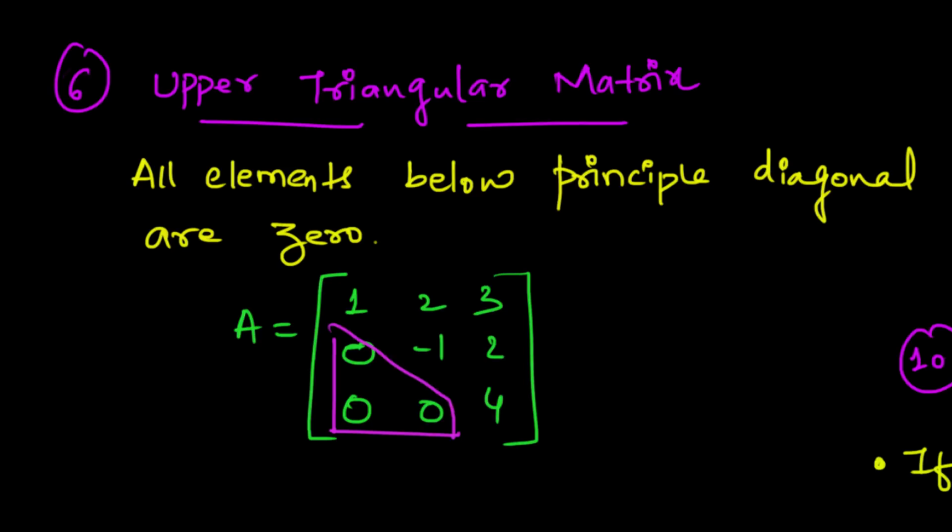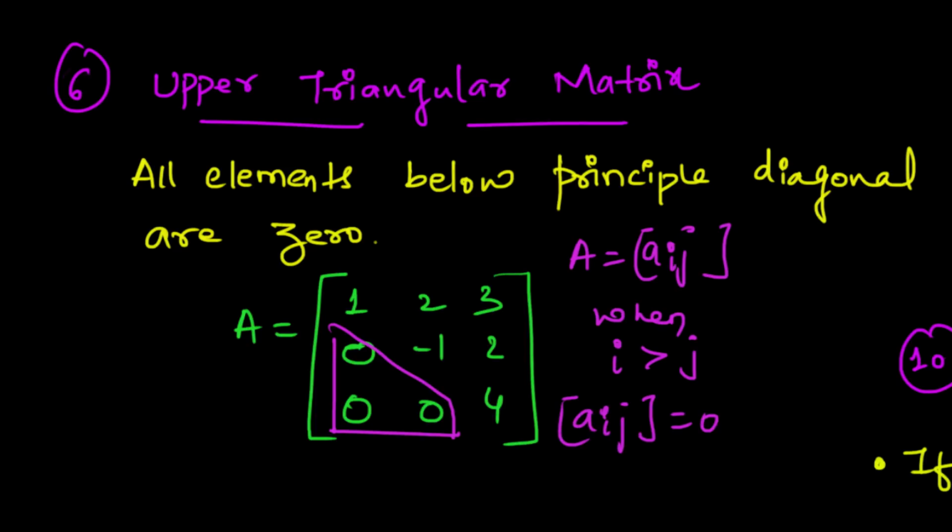So to generalize it, I'll write A equals Aij, when i is greater than j, then Aij will be 0. Let's see. We have i equals 2 here and j equals 1. We have i equals 3 here and j equals 1. So this is 0. And here we have j equals 2 and i is 3. So whenever i is greater than j, Aij is 0. So this is called the upper triangular matrix.